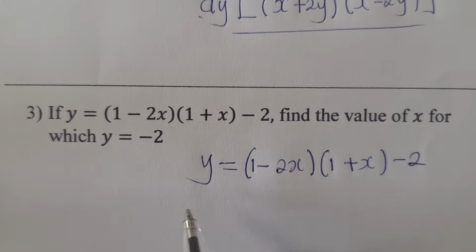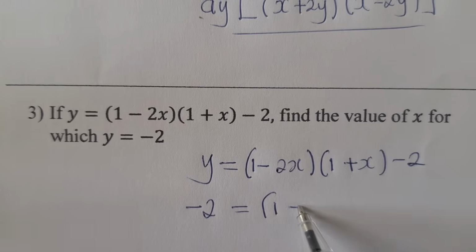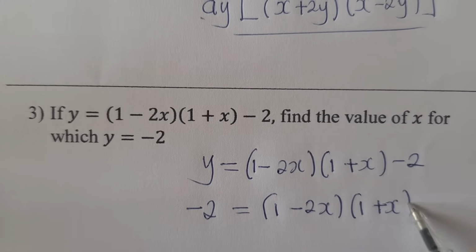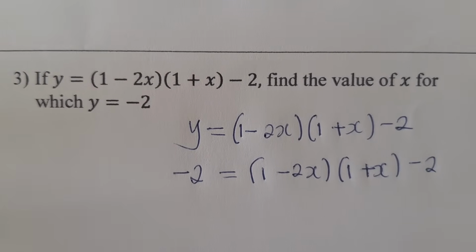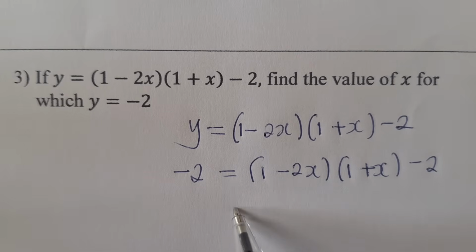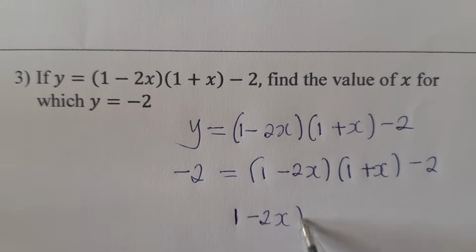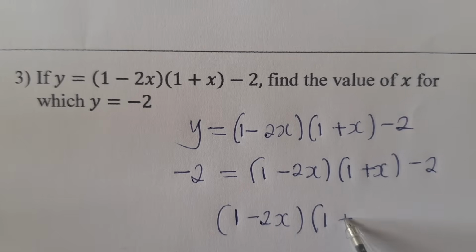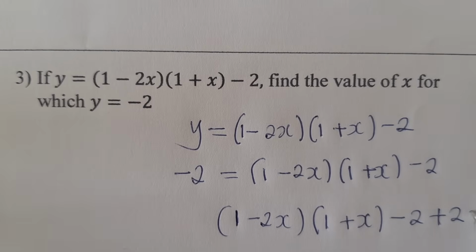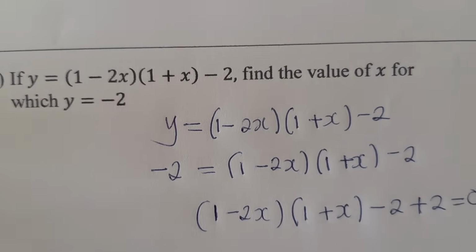And in place of y, you substitute a negative 2, which is here, equal to (1 minus 2x)(1 plus x), and a minus 2 here. So we are going to get everything to this side of the equation. We shall have (1 minus 2x)(1 plus x) minus 2 plus 2 is equal to 0.